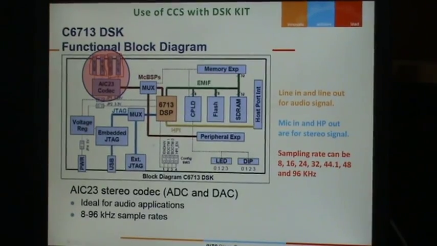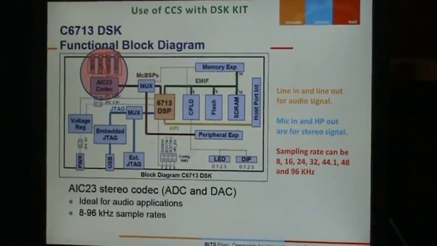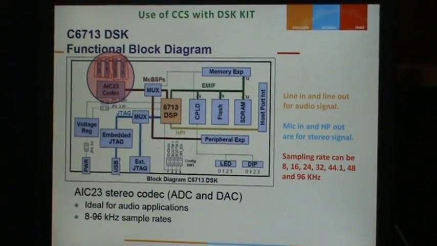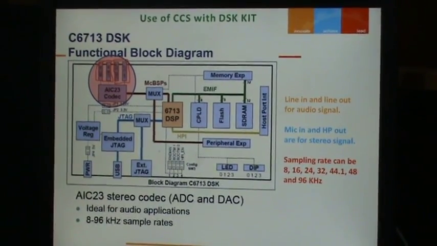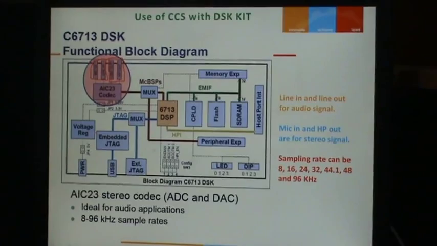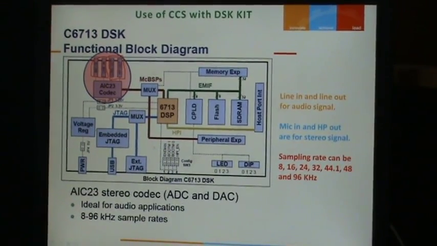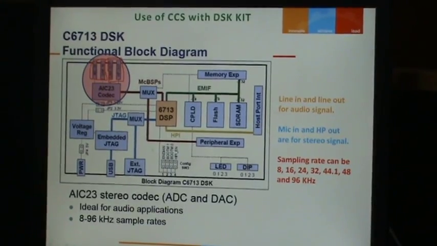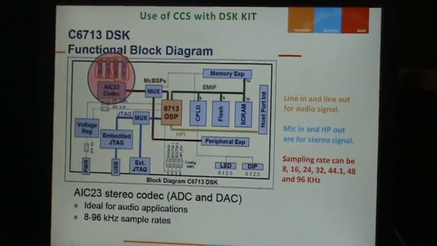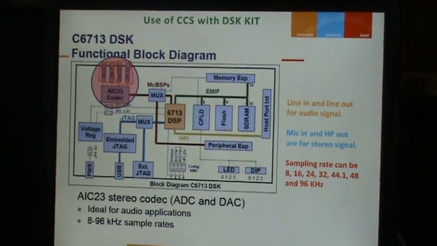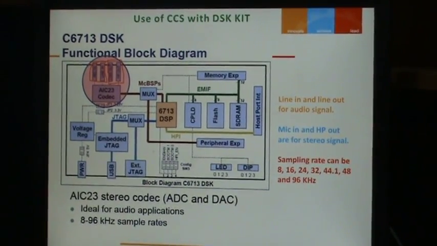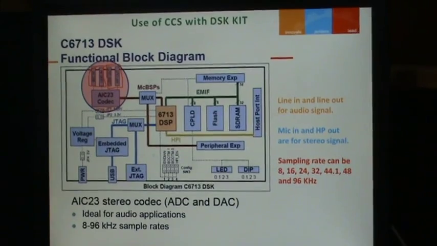You know the meaning of sampling rate. If you have a lower sampling rate, you will have to do less computation. If you have a higher sampling rate, you have to do more computation. But if the frequency of the input signal is higher, then we have to go for a higher sampling rate. You will do some exploration in the experiment using this sampling rate.